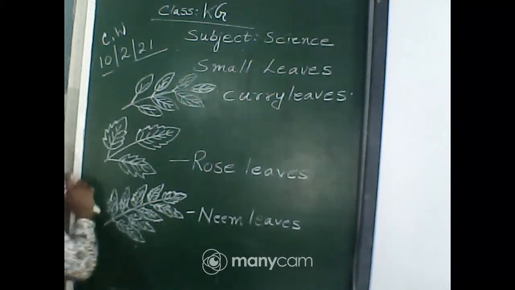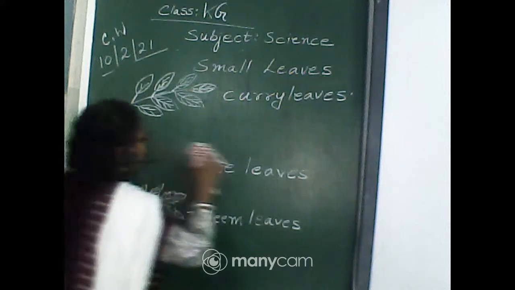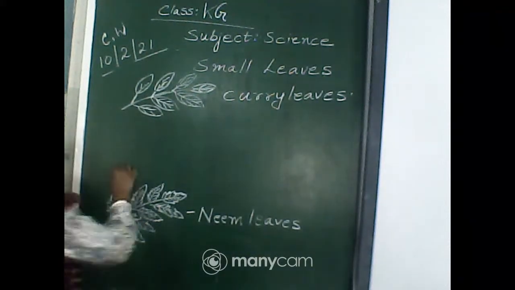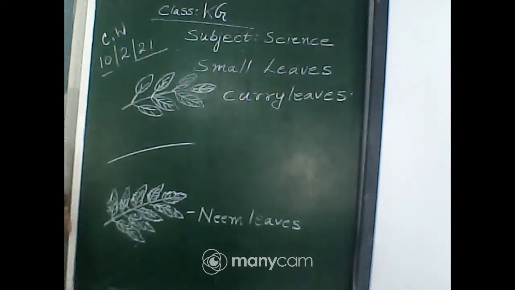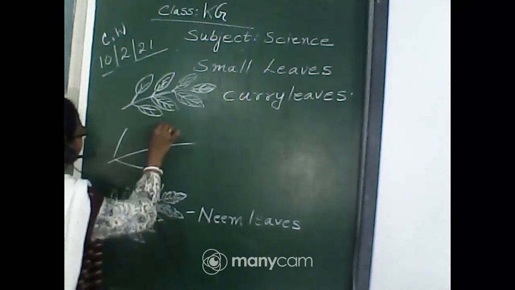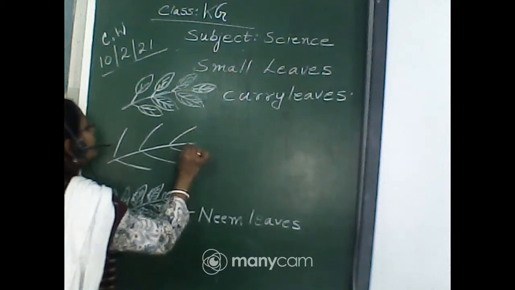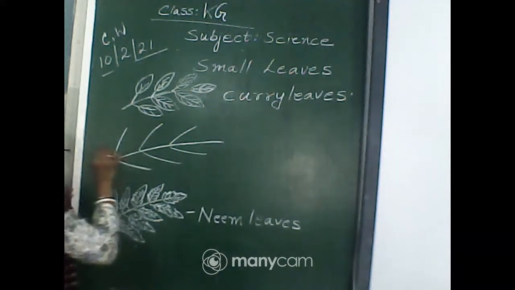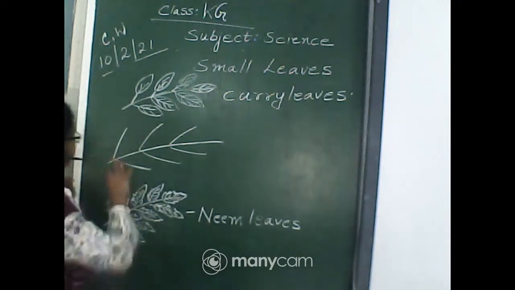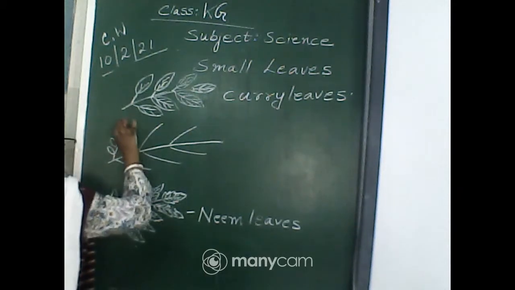tamarind. Now we will draw. I am just rubbing the rose leaf. I am drawing tamarind leaves. Here also one long branch, and we will draw like this. Okay, students, this one. And tamarind is having a very playful thing, that it is not having any curve, it is just having like this. Okay, just small balloons.